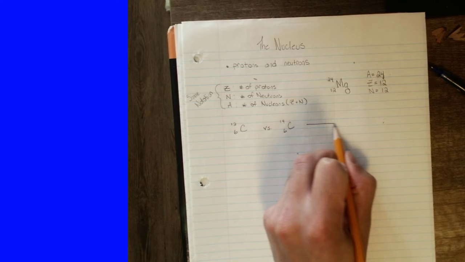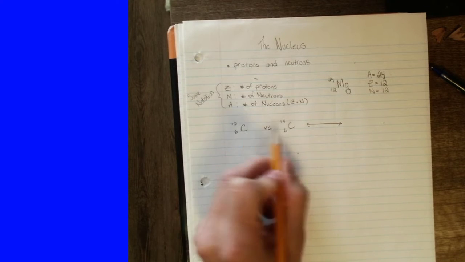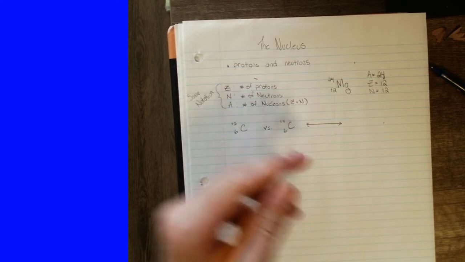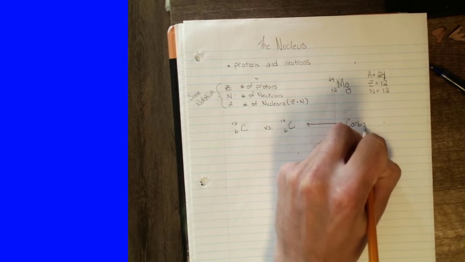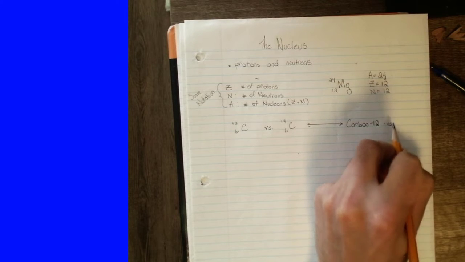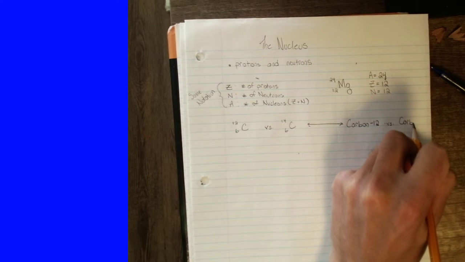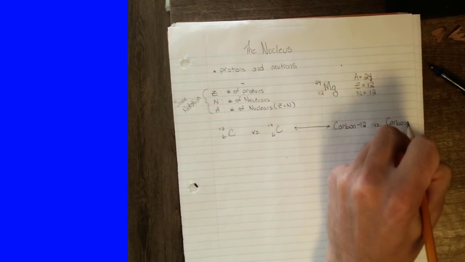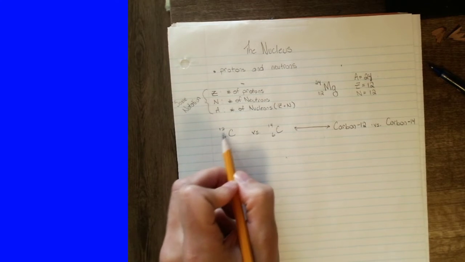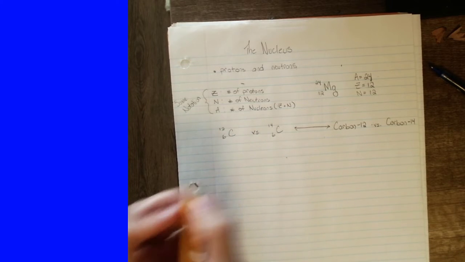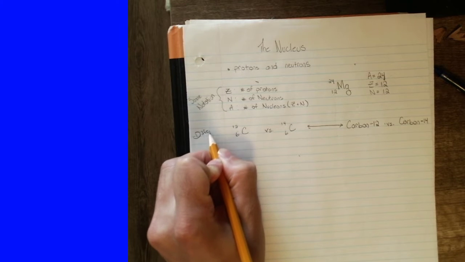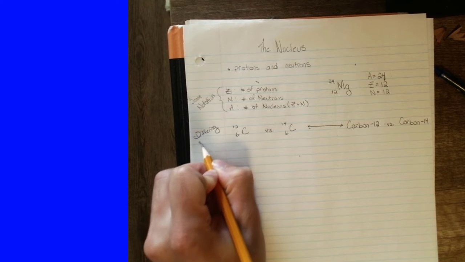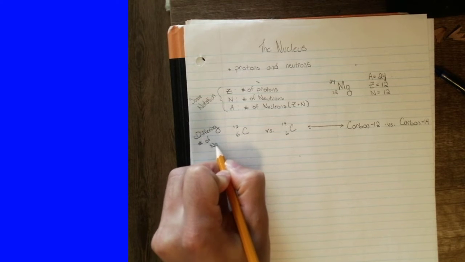Remember, this is all just notation so that when we start getting into the lingo, you don't fall too far behind. The first one would be considered to be carbon-12, versus the second one, which is carbon-14. What you have here is a differing number of neutrons.